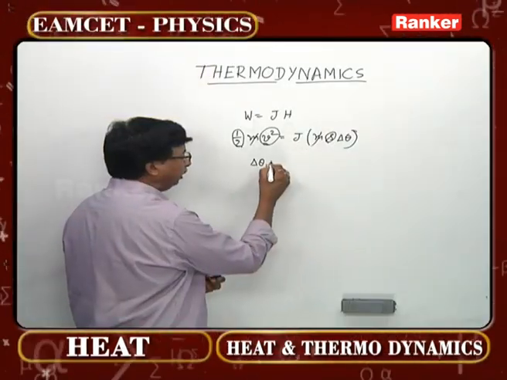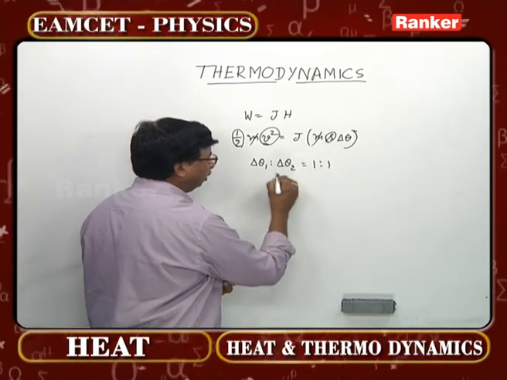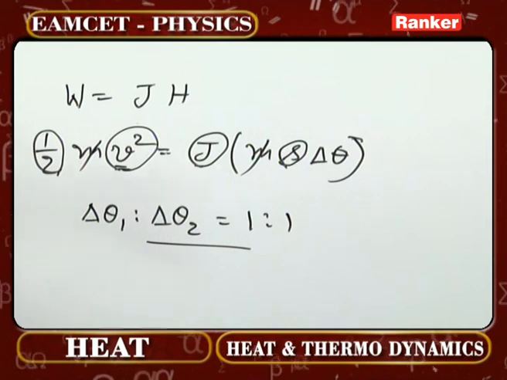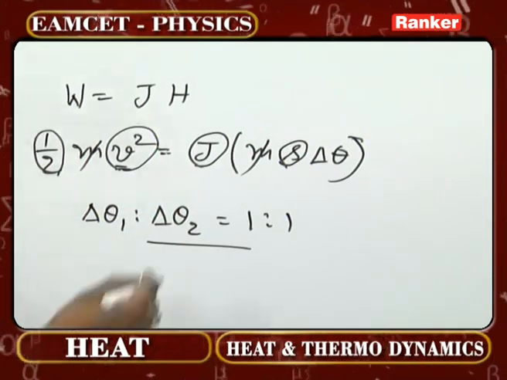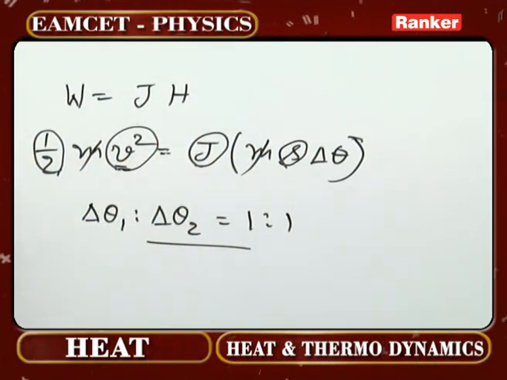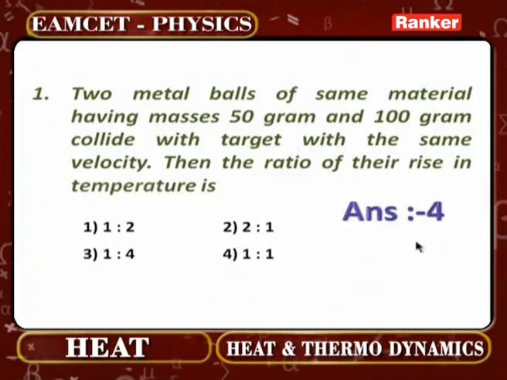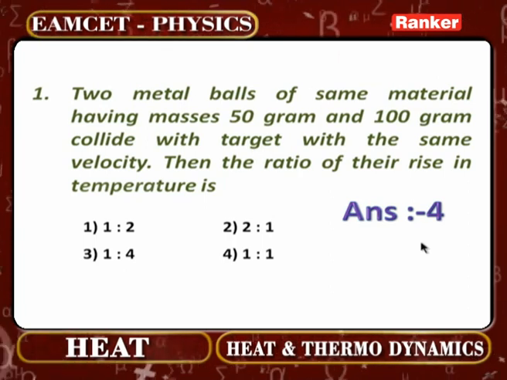Therefore, delta theta 1 is to delta theta 2 will definitely be 1:1, because J is Joule's constant, anyhow a constant. So delta theta is going to be constant for each and every body. So what should be your answer ultimately, please? 1:1. That means the fourth option is the correct option for this question number 1.